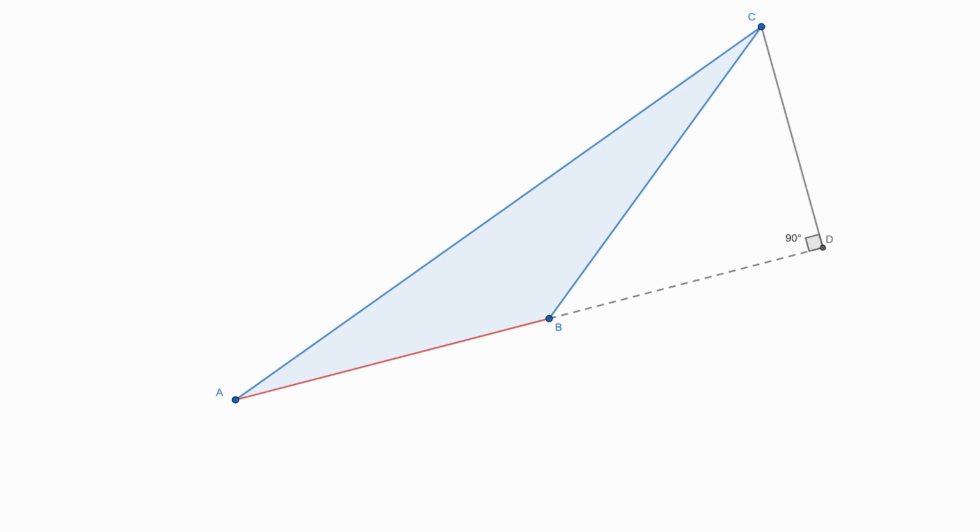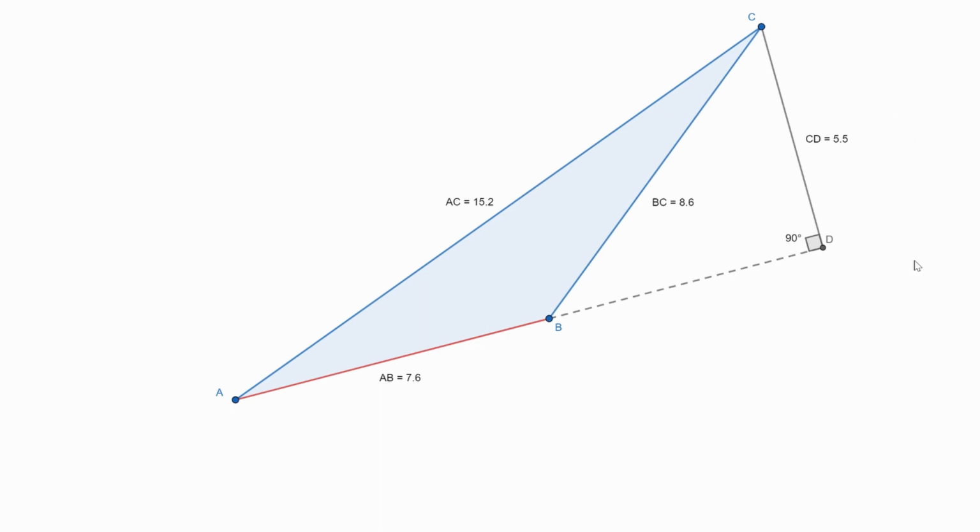Okay, so now here it is, and as you can see, I have drawn the height of this triangle as per the base AB. So let's go ahead and determine the length of each side and see what we get. You can see the measurements of each side of the triangle and also the measurement of the height CD.